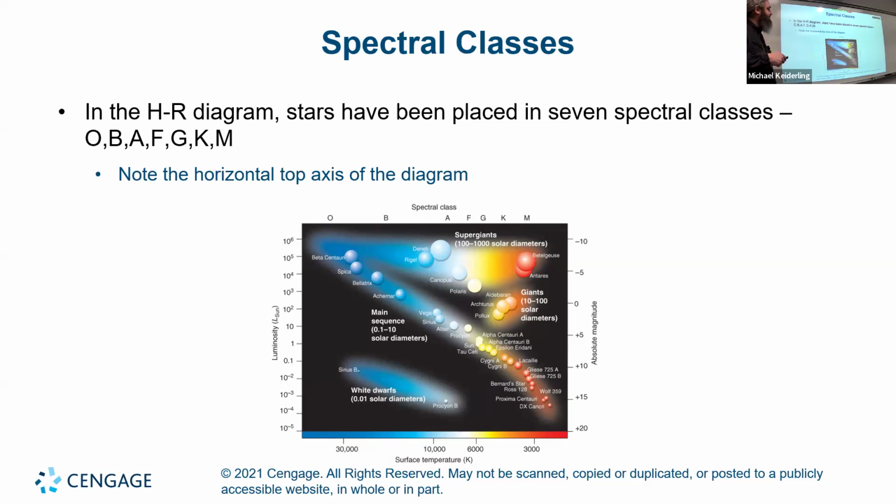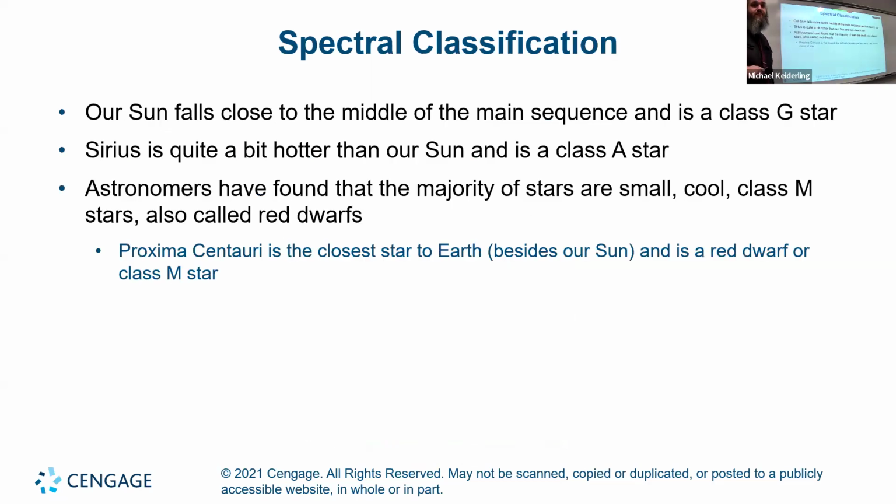O stars are the hottest. Then B, A, F, G. Our sun is a G-type star. K and M. M stars are the coolest, lowest temperature stars, and the dimmest. So our sun falls relatively close to the middle of the sequence. It's a class G star.